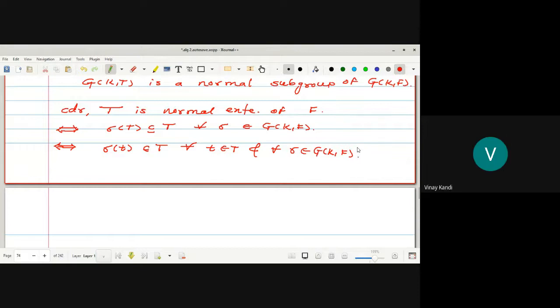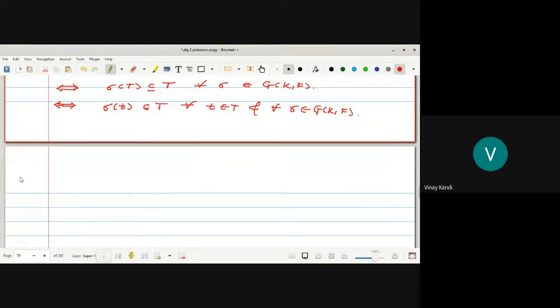Yes, sir. Now we take an automorphism J belonging to G(K/T). What does this mean? G(K/T) is the set of those automorphisms of K which leave every element of T fixed. Now sigma of t belongs to T, and we apply J on sigma of t.